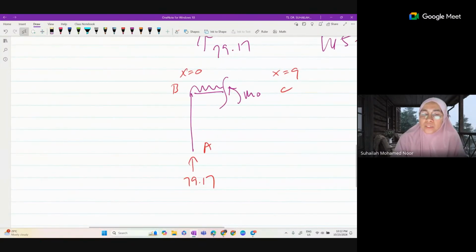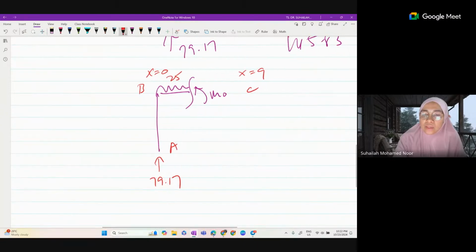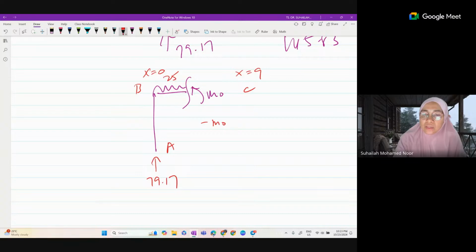This is the section, so this is 25, right? 25. So we get negative M naught. Okay, tulis betul-betul moment equation ya. Sebab kelas yang previous pun saya jumpa ramai lagi yang tulis tak betul ya. So when we write moment equation for cutting section, we take moment at the cutting section at X. Mx is equal to 0.